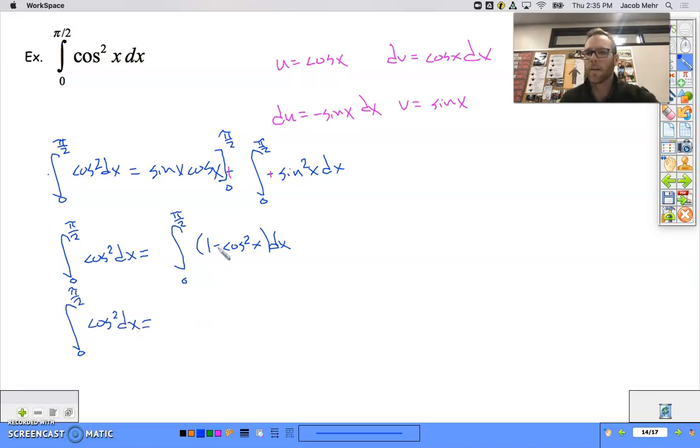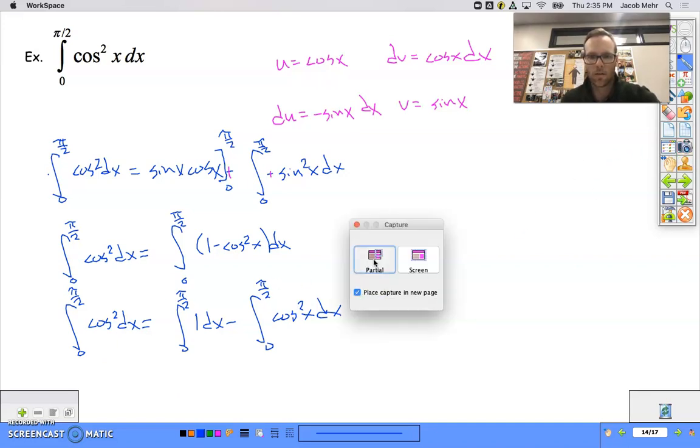So now I have a difference. I'm taking the integral of a difference, so I can just split this up into 2 separate integrals. Now I can see when I add this over, I'm going to have 2 of them and they don't go away.